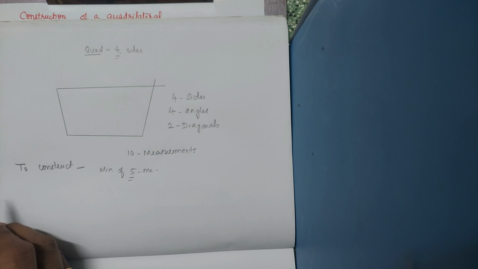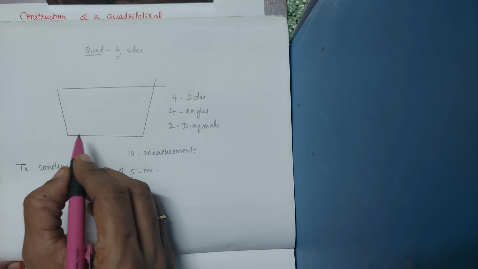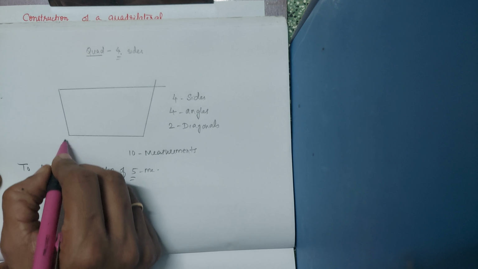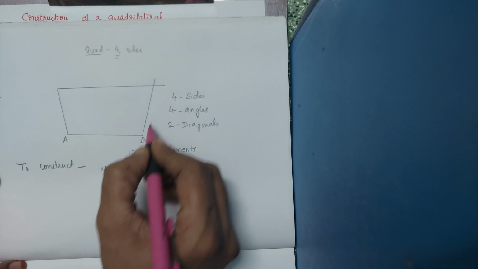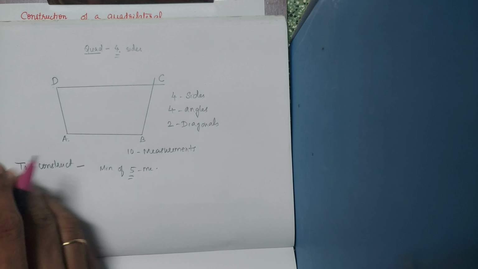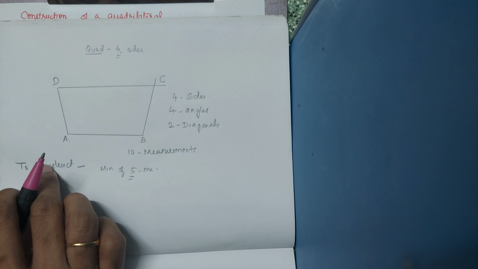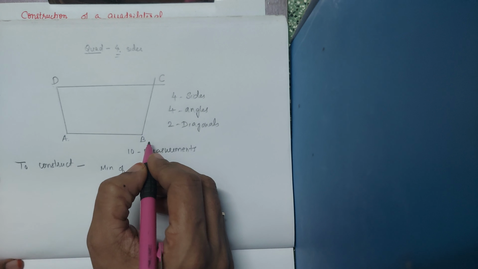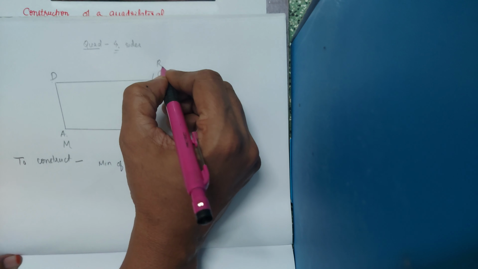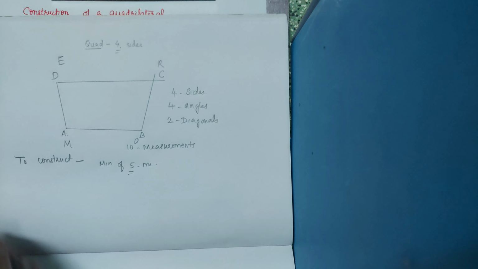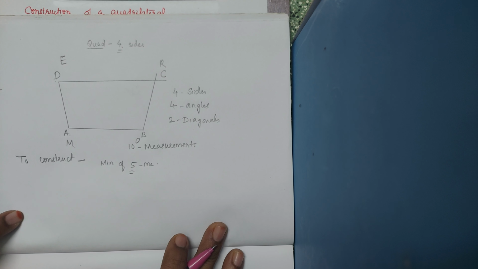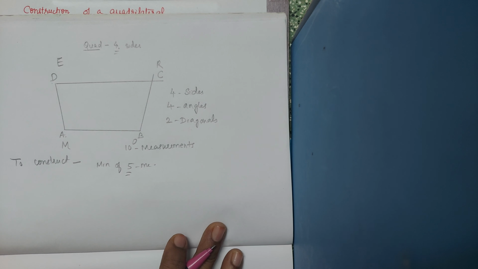Always we name the quadrilateral in a circular fashion, A, B, C, D, and not A, B, D, C. Similarly, you have M, O, R, E, MORE. So these are the two things you must keep in your mind before constructing a quadrilateral.